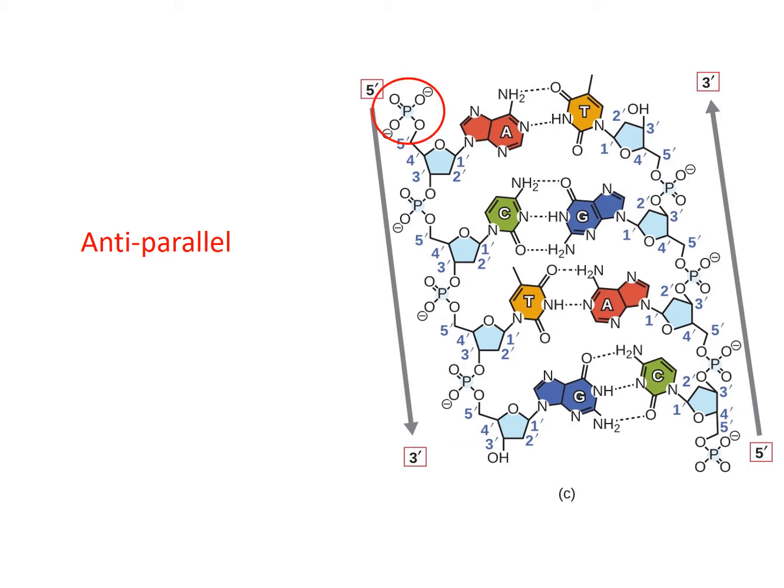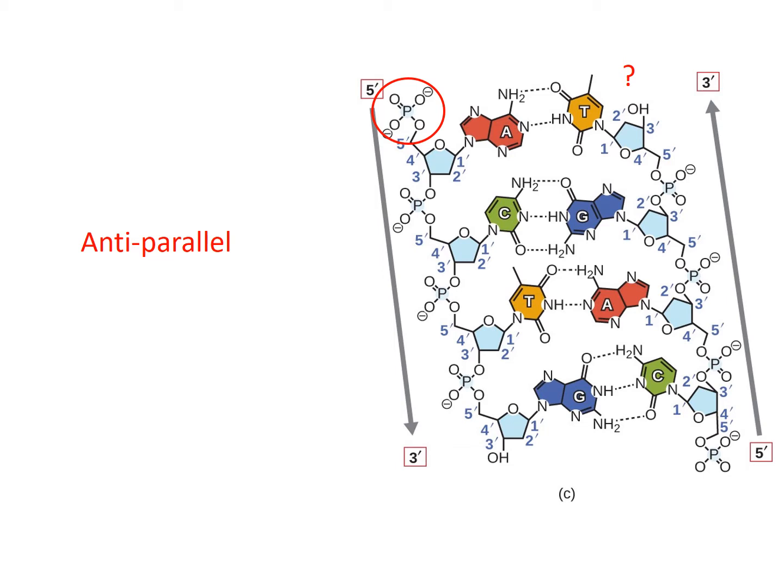So here I've circled in red a phosphate group. This is at the top end of the left side strand of this chemical model of the DNA. We call this phosphate group the 5' end. But notice if we follow this across, there's no phosphate group across from it. Instead, there's an OH group. We describe the OH group as the 3' end of that strand of DNA.